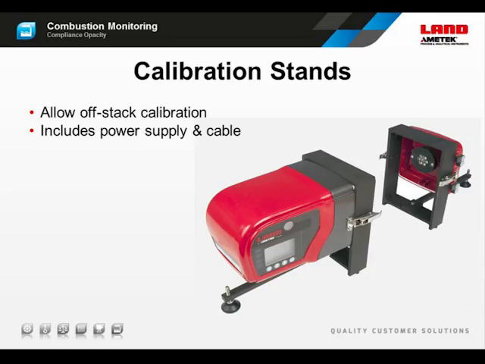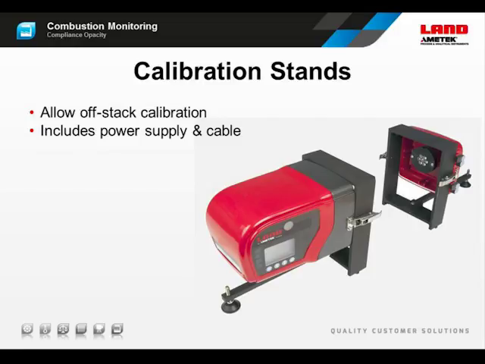A few other items that are useful and are commonly specified. Calibration stands. The US EPA no longer allows an opacity monitor to have a zero calibration done while the stack is not operating. So you've actually got to take the instrument off the stack and set it up in a clean laboratory at the correct path length. And so the calibration stands allow you to do that conveniently and easily.